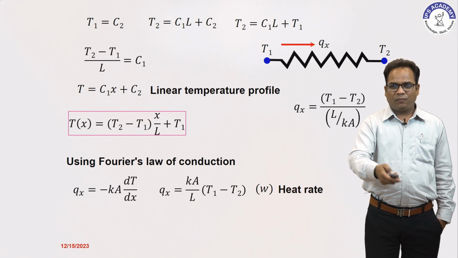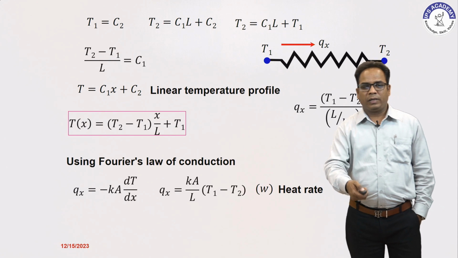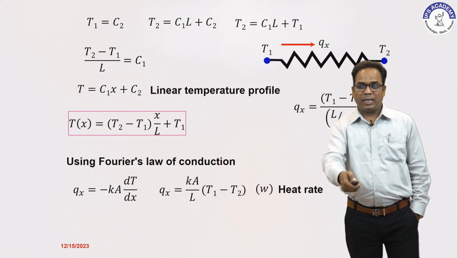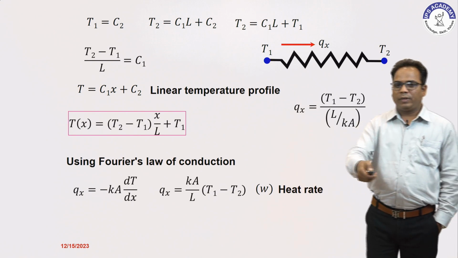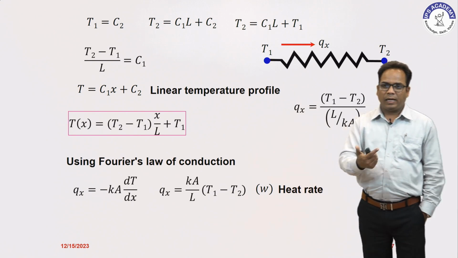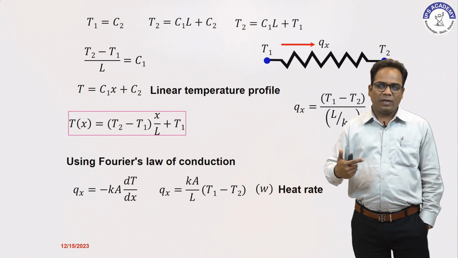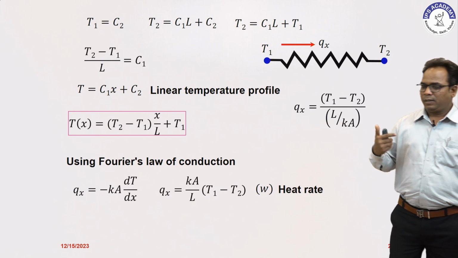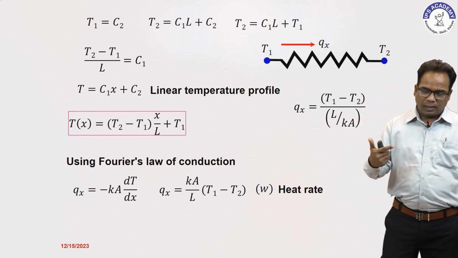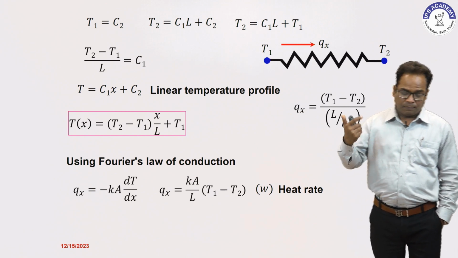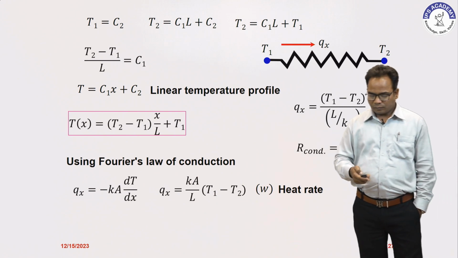So from Fourier law of heat conduction, Qx is equal to kA upon L, times T1 minus T2, where L is the thickness of the slab. So L by kA becomes the resistance for heat transfer, whereas T1 minus T2 becomes the potential through which heat is transferred, and Qx is the heat transfer rate.